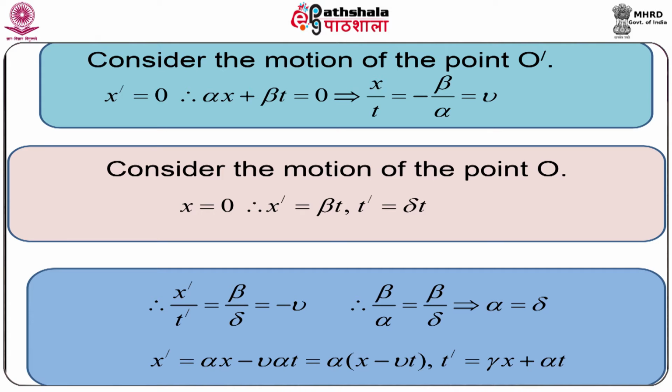If we substitute this in the expressions of x dash and t dash, we get x dash equal to alpha into x minus v into alpha into t. This can be written like this one, and t dash is equal to gamma into x plus alpha into t, as alpha equal to delta. We have substituted this value.